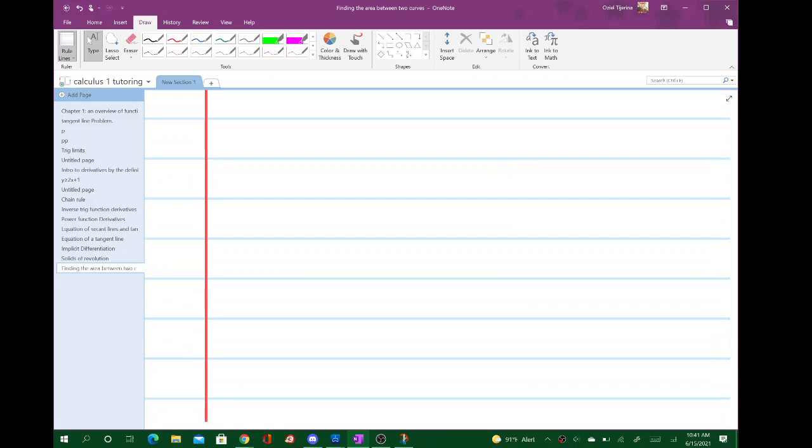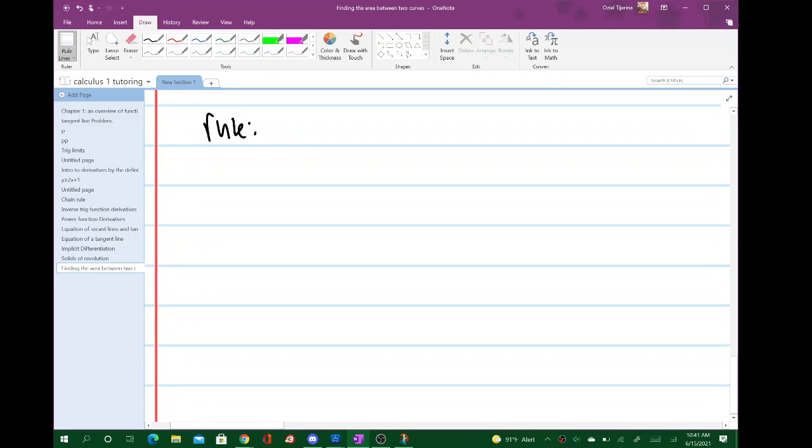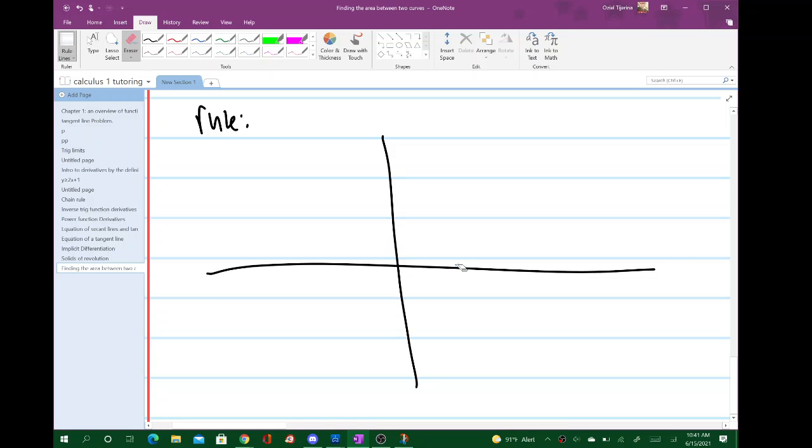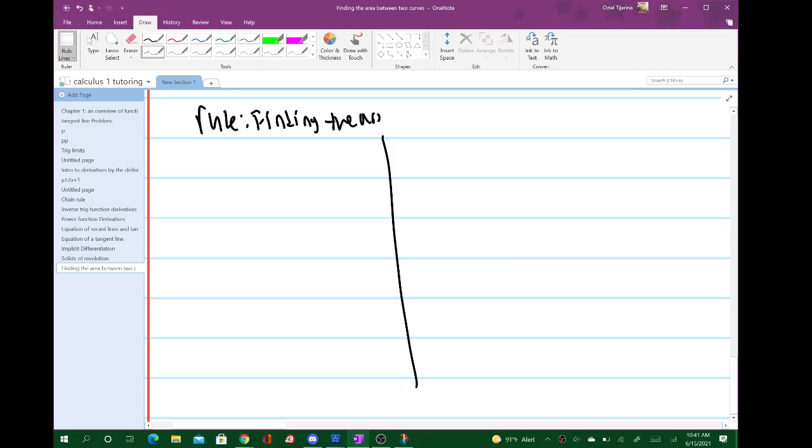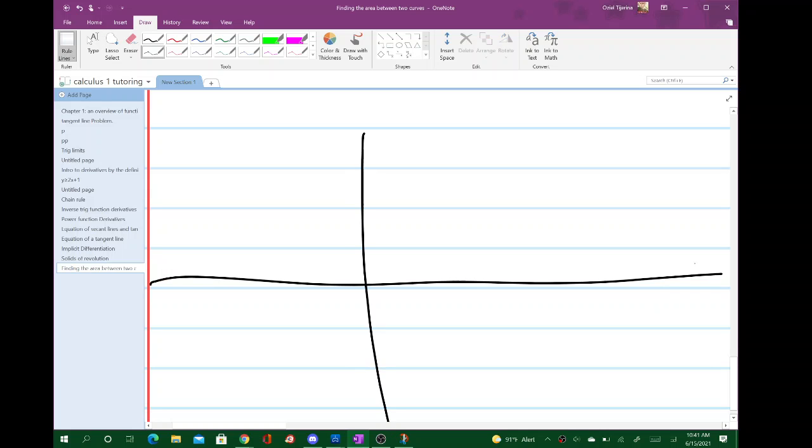Now there is a rule for finding the area between two curves, and it goes something like this.